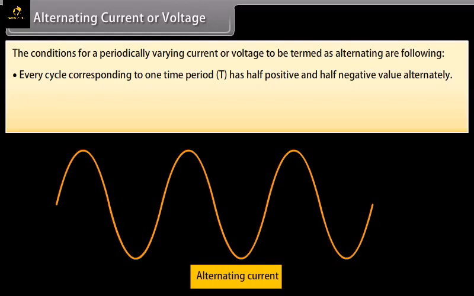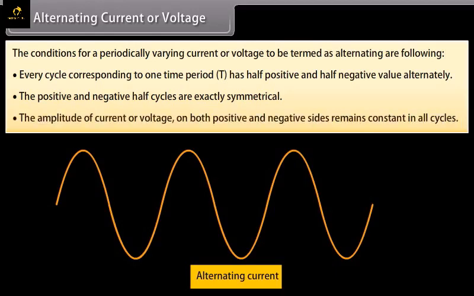In case of current, it means that direction of current reverses after every half cycle, and in case of voltage, it means that the polarity of potential difference reverses after every half cycle. The positive and negative half cycles are exactly symmetrical. The amplitude of current or voltage on both positive and negative sides remains constant in all cycles.